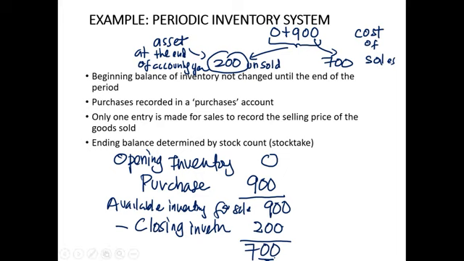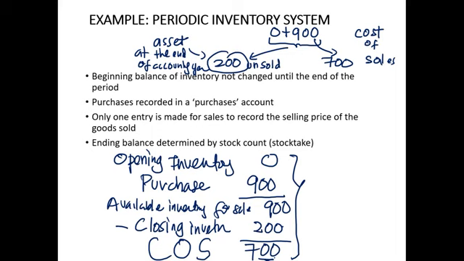Yeah, sales. So in periodic inventory system, in order to determine the cost of sale, you have to use this formula. What is the formula? Opening inventory plus purchases minus closing inventory, you'll get your cost of sales.